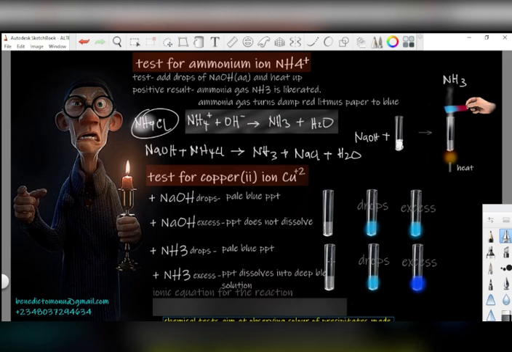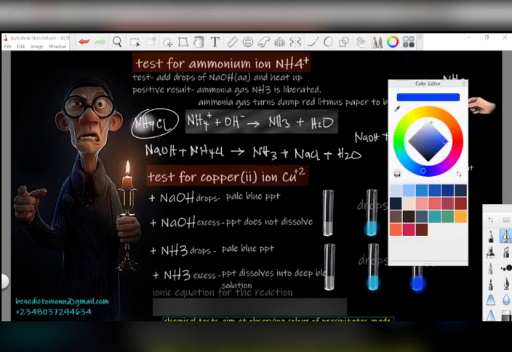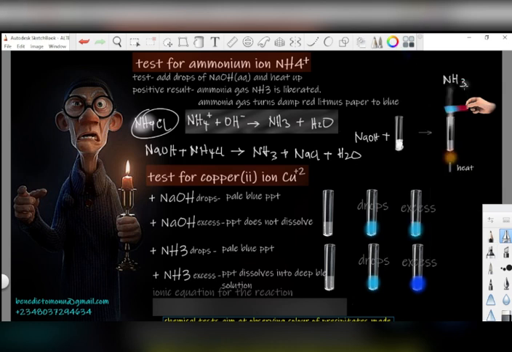Now, if you're asked to write the equation for that reaction, there's nothing. Just take the metal ion. Anytime you're asked to write the equation for reaction, take the cation, add it to the hydroxide ion, form the precipitate. What's the metal ion here? Copper 2 ion added to the hydroxide ion. This is the ionic equation.